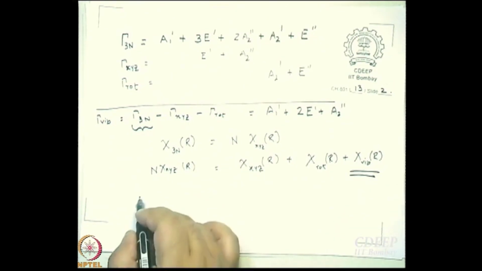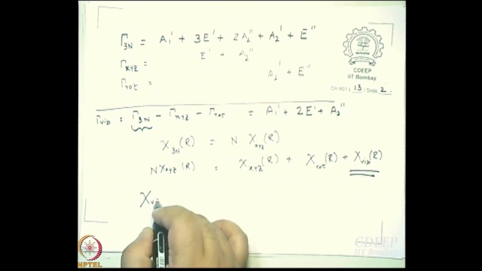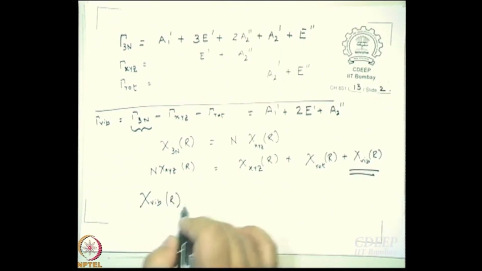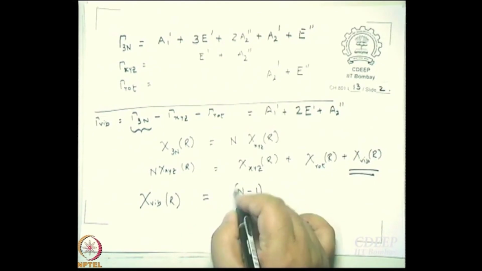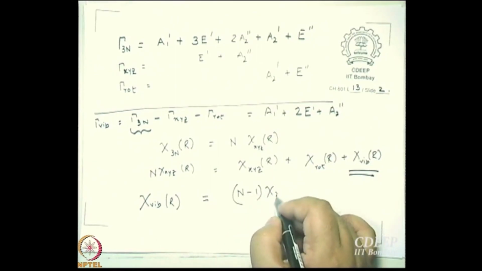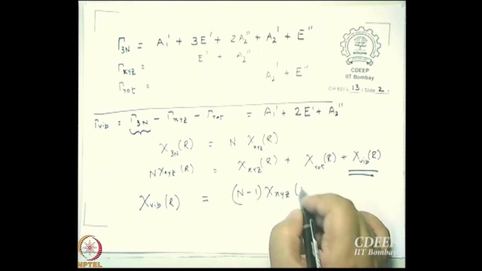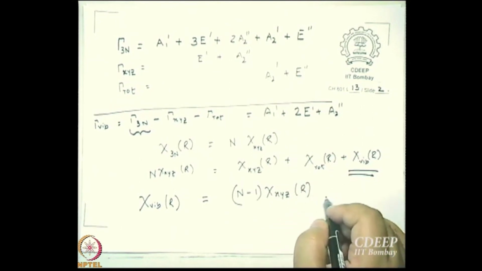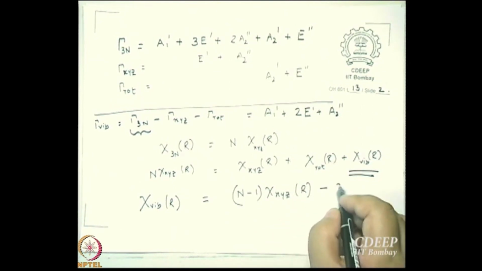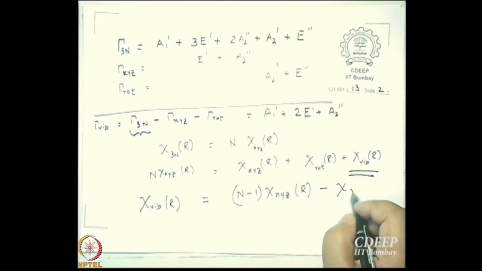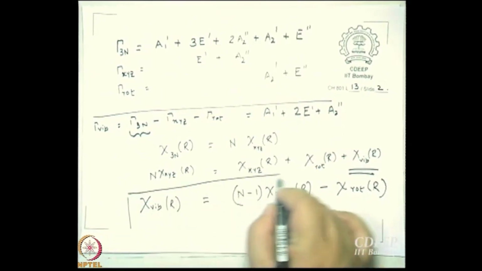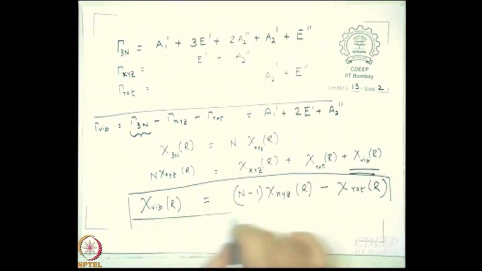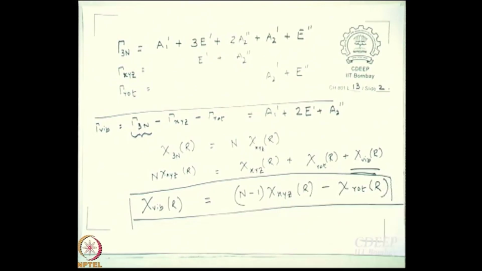So can I not write chi vib of r is equal to exactly n minus 1 chi xyz of r, then minus chi dot r. Right?